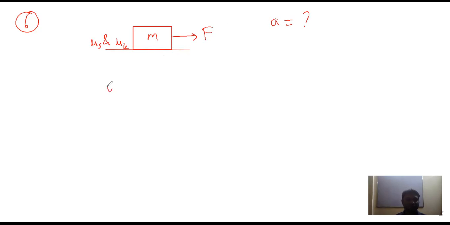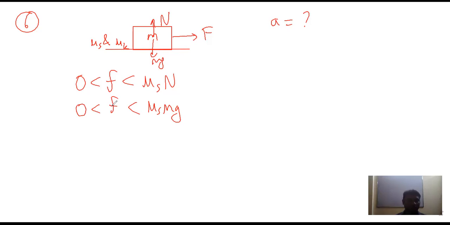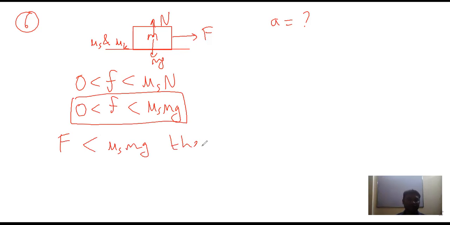First range: if we have static friction, we know it lies between 0 and mu s N. That means it lies between 0 and mu s mg, because N is equal to mg. So if the applied force is less than mu s mg, there is no motion. That means acceleration is 0 if F is less than mu s mg.